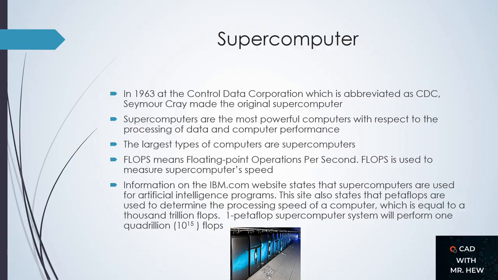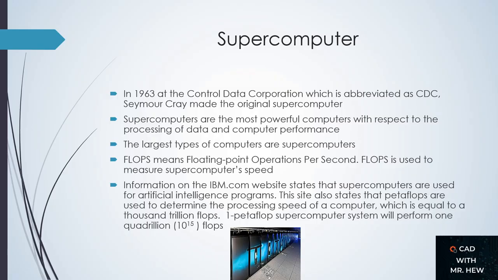FLOPS means floating point operations per second. FLOPS is used to measure computer speed in terms of the supercomputer. Information on the IBM.com website states that supercomputers are used for artificial intelligence programs.